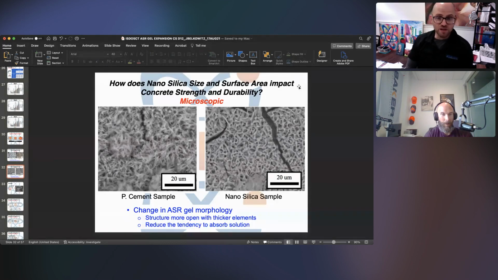We've changed up not only the structure of that fibril or that wispy-like, needle-like morphology, but we've also changed up the pore space. So we increased the diameter of those needle-like fibrils, as they're called, of the ASR gel.